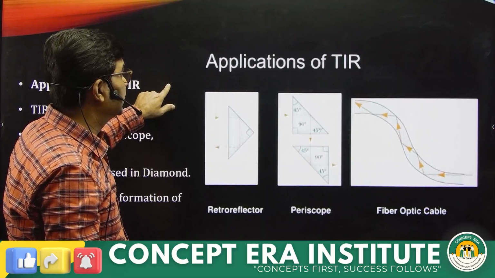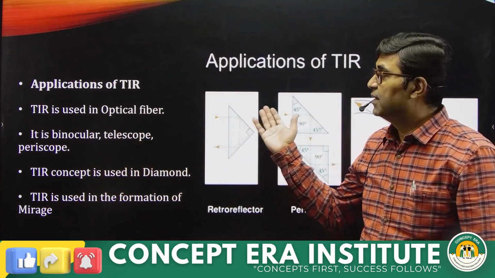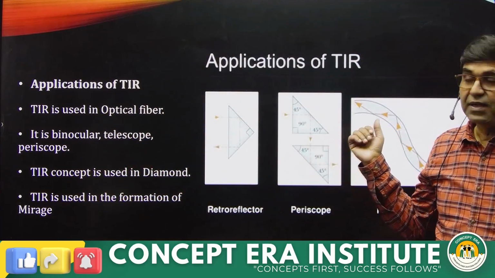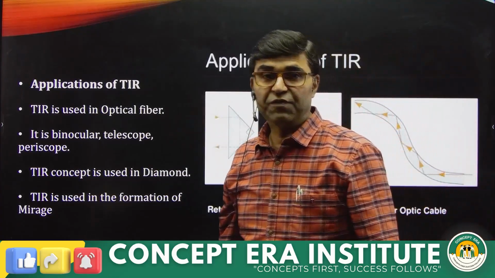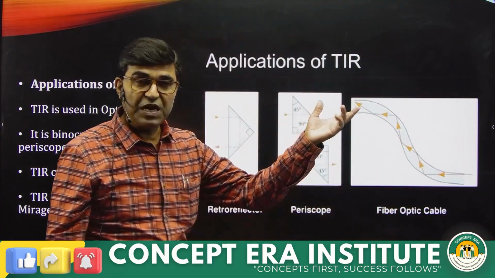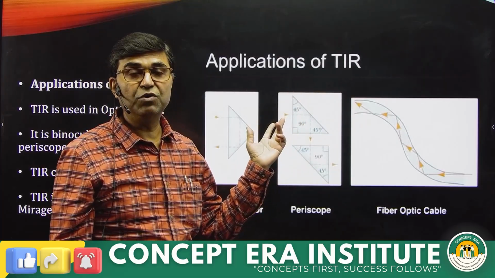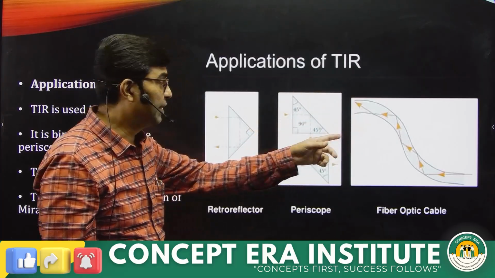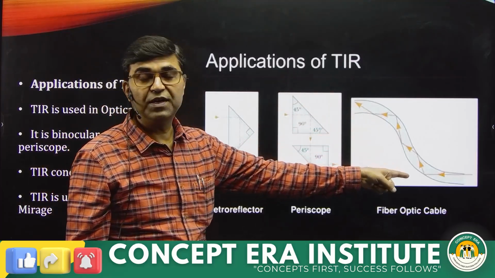Now, this phenomenon of total internal reflection has some applications in our real life. First of all, everybody has heard about optical fiber, the fiber through which the internet service is coming into our homes. That is an optical fiber. It is based on total internal reflection of light.